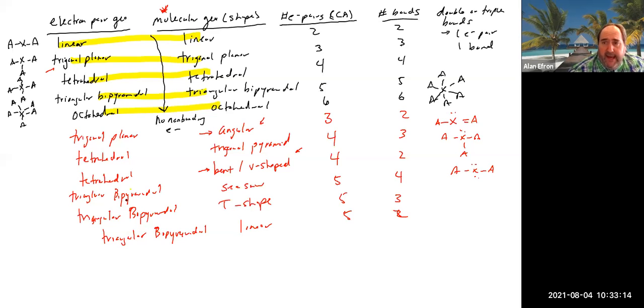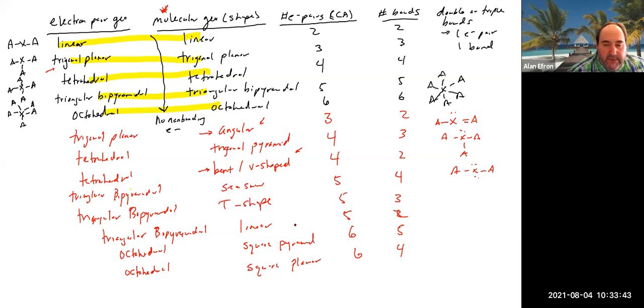We also then had some of our 6 electron pairs and 5 bonds. That was our octahedral and our square pyramid, and our 6 electron pairs and 4 bonds, which was our octahedral and our square planar.